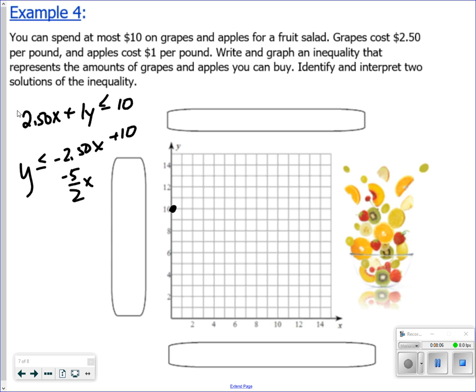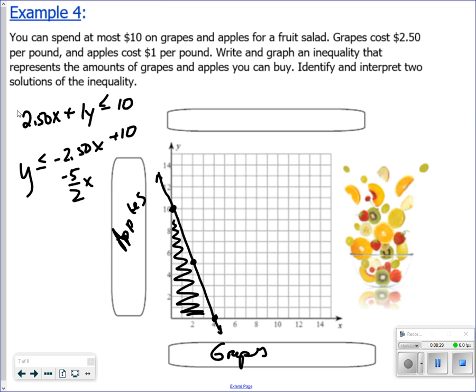So it goes down 5 to the right 2 and down 5 to the right 2. It's a solid line, and it's shaded below or shaded to the inside here. So the x was my grapes, and the y was my apples. And we're talking about a fruit salad.